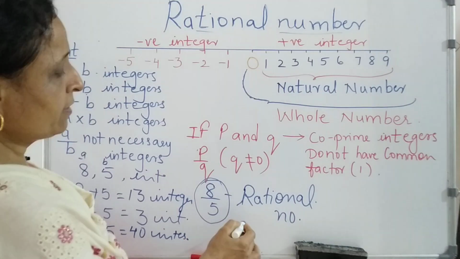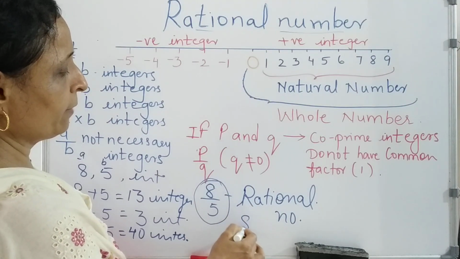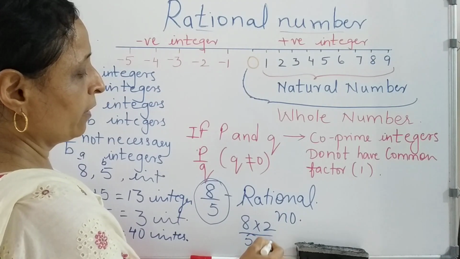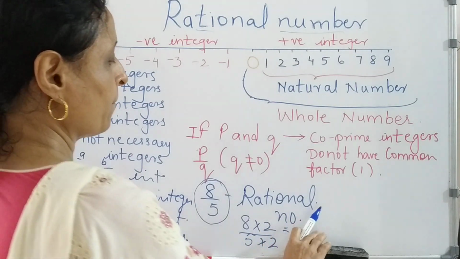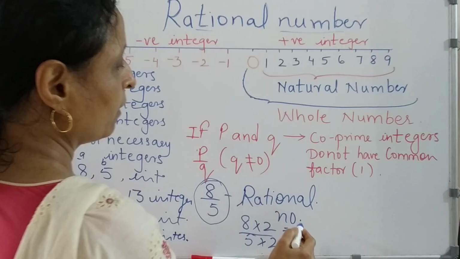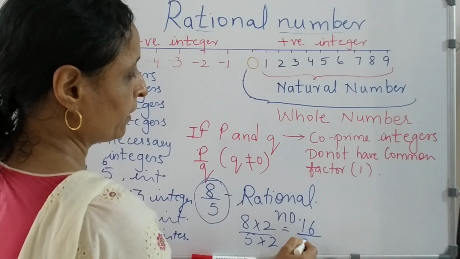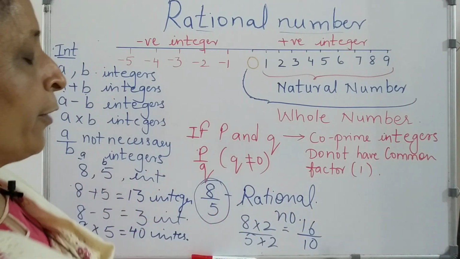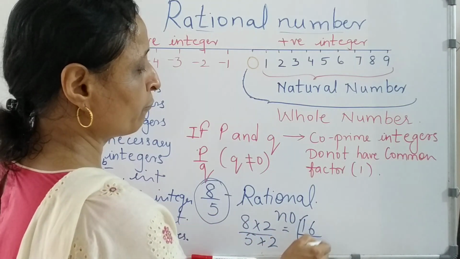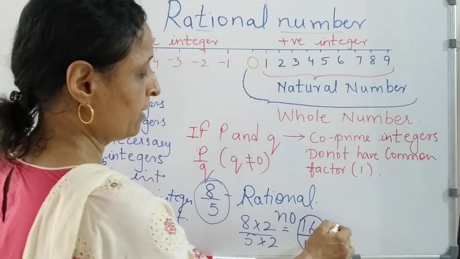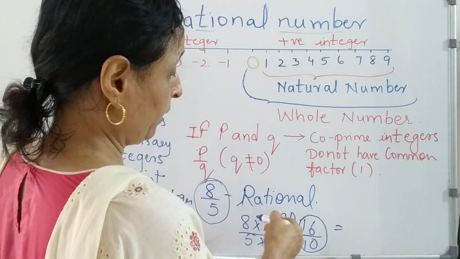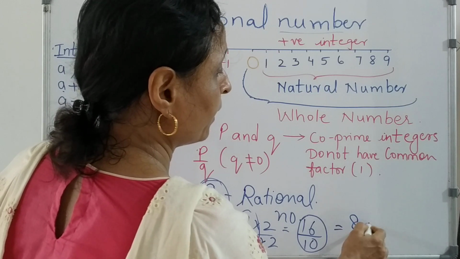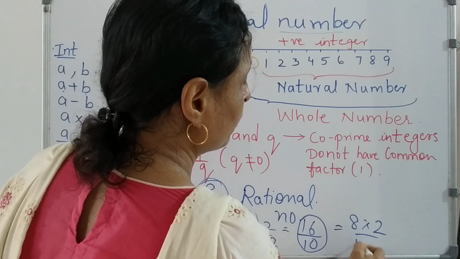But if I multiply this 8 into 2, 5 into 2, that becomes 16 by 10. Now this is not in the standard form. To make it into standard form, I have to write it as 8 into 2 over 5 into 2.